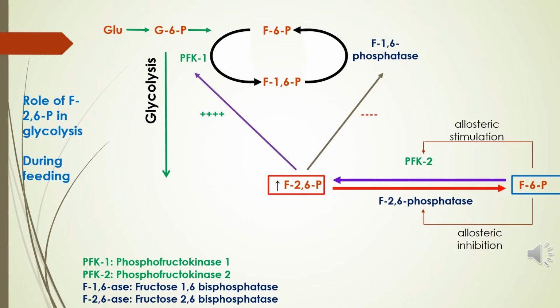So the phosphofructokinase 2 has fructose 2,6-bisphosphatase activity, and as we mentioned, it is a bifunctional enzyme. So this protein is responsible for the synthesis as well as breakdown of fructose 2,6-bisphosphate.